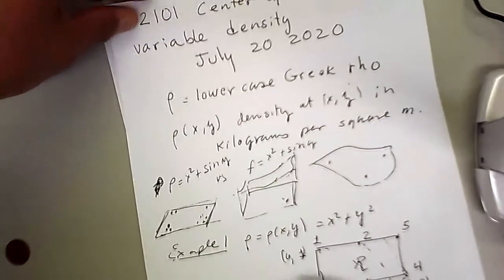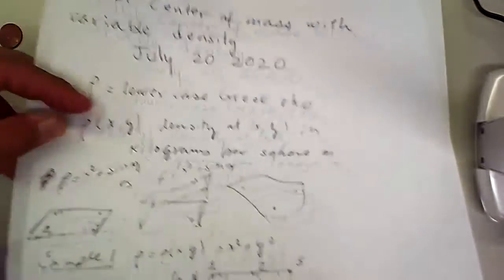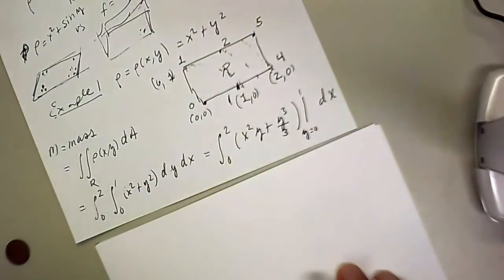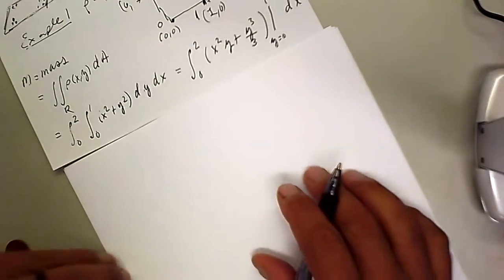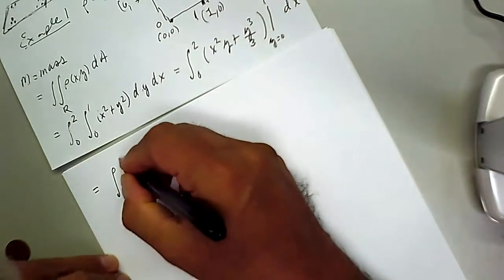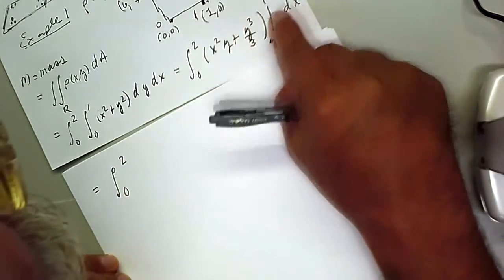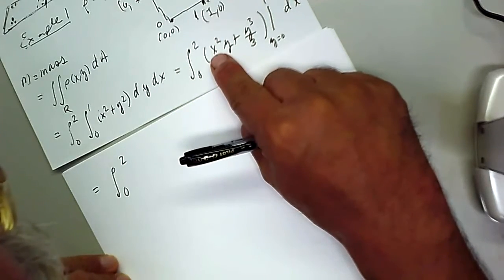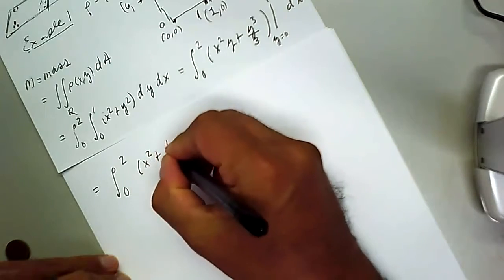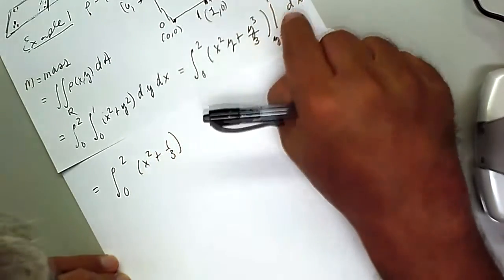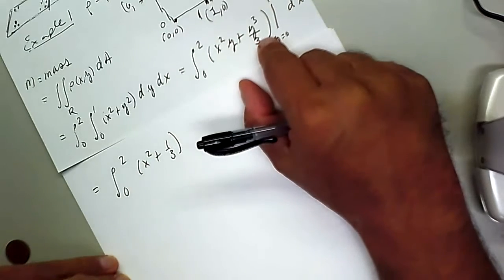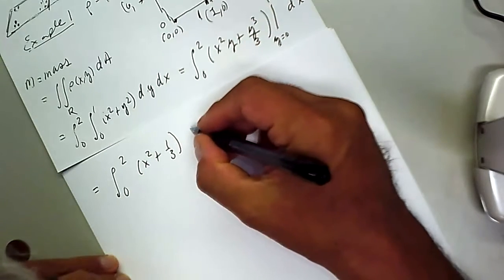Let's continue on a new page. So this integral is equal to the integral from 0 to 2. We're going to plug in 1 for y, so that is simply x squared plus 1/3. And when we plug in 0, we're going to obtain 0. Make sure you do get 0 when you plug in 0. dx.